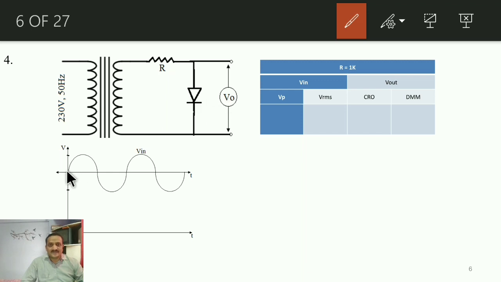When the input voltage is between 0 to 0.7, the diode will act as an open circuit, and then how much will be the output voltage? Don't say 0. The output voltage will be equal to the input, because it is acting as open, and the voltage across that open path is nothing but the applied voltage. So the output will follow the input from 0 to 0.7, and later on the output will remain 0.7.